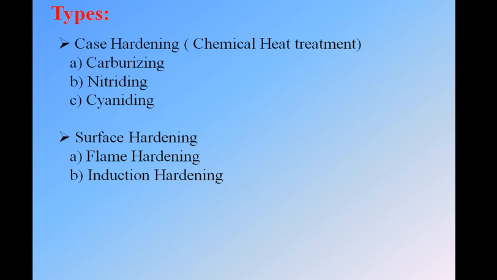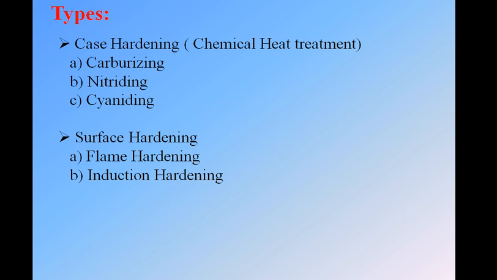They are not in the syllabus, but see, flame hardening means we can harden any material with the help of flame. Firstly, with the help of flame we heat the material, followed by cooling with the help of a water spray, so that the upper surface of the material gets hardened.